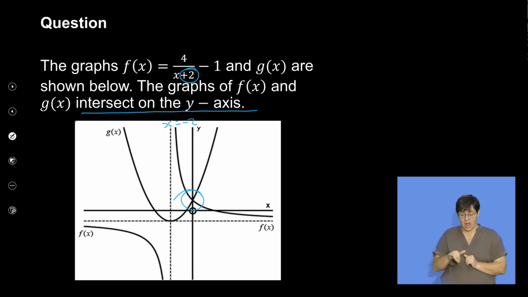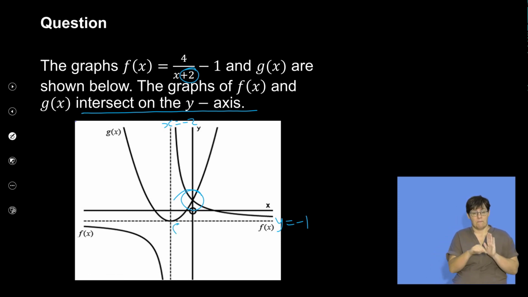The y is equals to minus 1 will be the horizontal asymptote. So far, that's what I know, and that's what I'm going to use. So the point of intersection of these asymptotes will actually be minus 2 and minus 1.